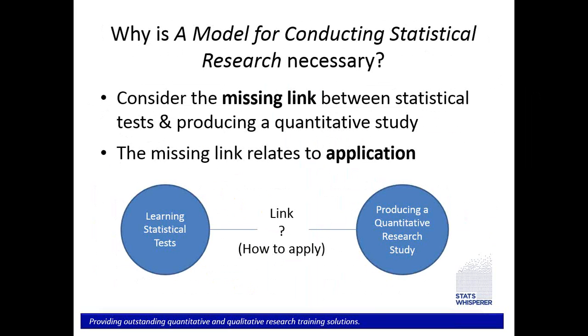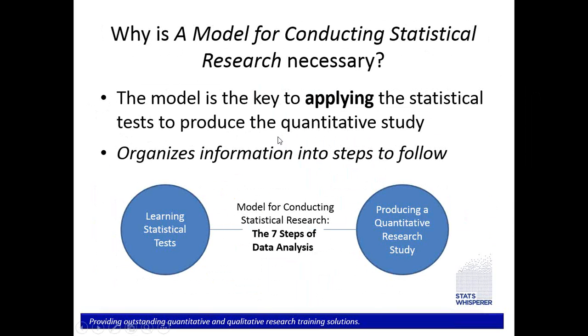Many people will take a class in statistics and it'll be fruitful and productive and informative, but then when they sit down to produce an actual quantitative research study, there's some kind of missing link where they can't actually do that. This missing link relates to application, or in other words, how to apply the knowledge to create that study.